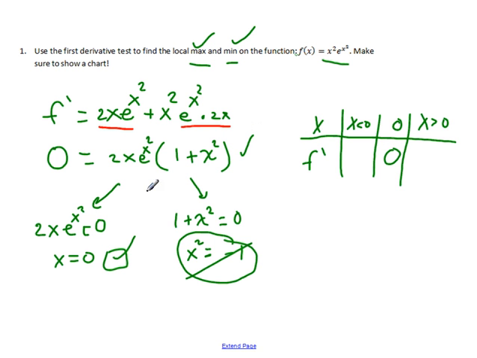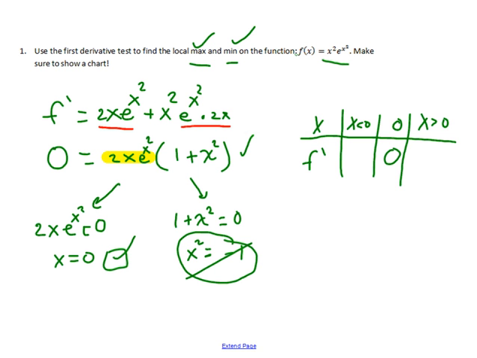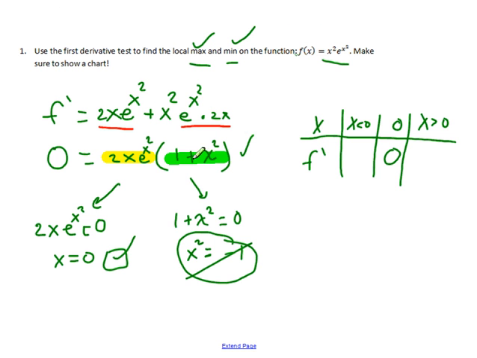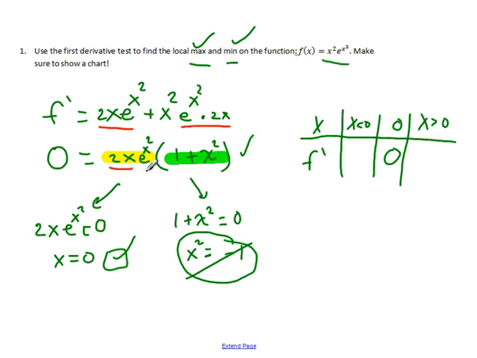When x is less than 0, if we consider our two factors, here's my first factor, here's my second factor. This factor is always going to be positive because 1 plus something squared is always positive, so this will always be positive, this can be negative. So when x is less than 0, that's negative, that's positive, so we get a negative number. And when x is greater than 0, everything here is positive.